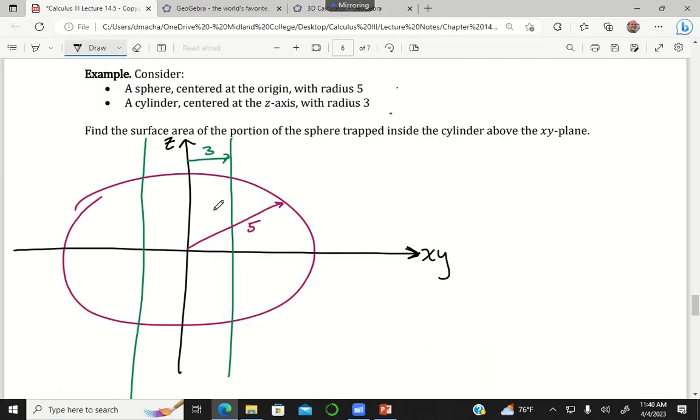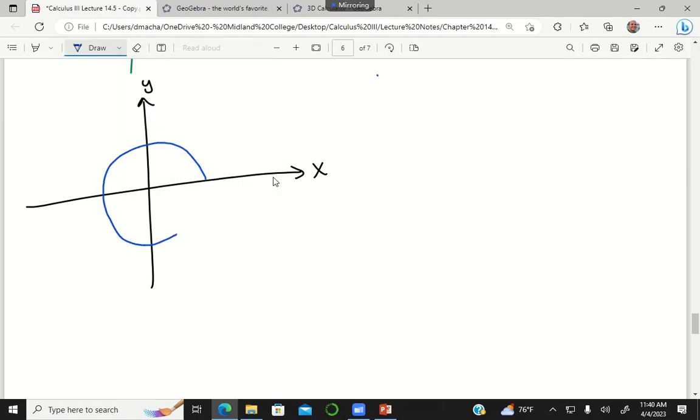Okay, so that's what I was trying to draw, like a cross-section slice of. What I want the surface area of is just this little portion. Okay? All right. So, we're going to set up this problem the same way we did before. This time I'm going to draw an xy plane so that I can show you the region that we are integrating on is going to be the circle with radius 3 centered at the origin here.